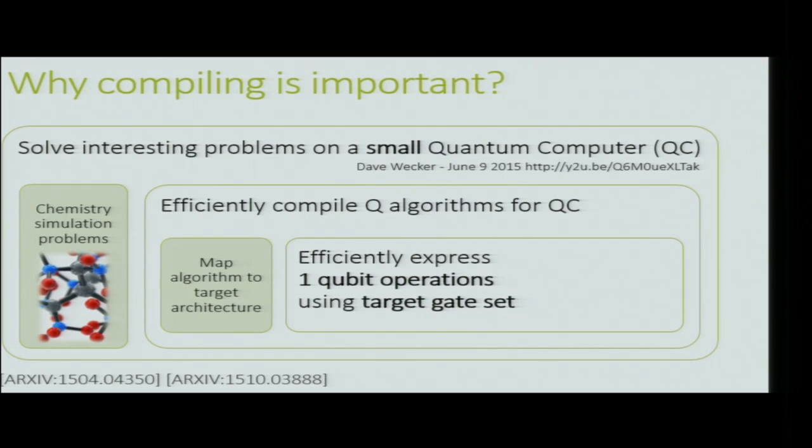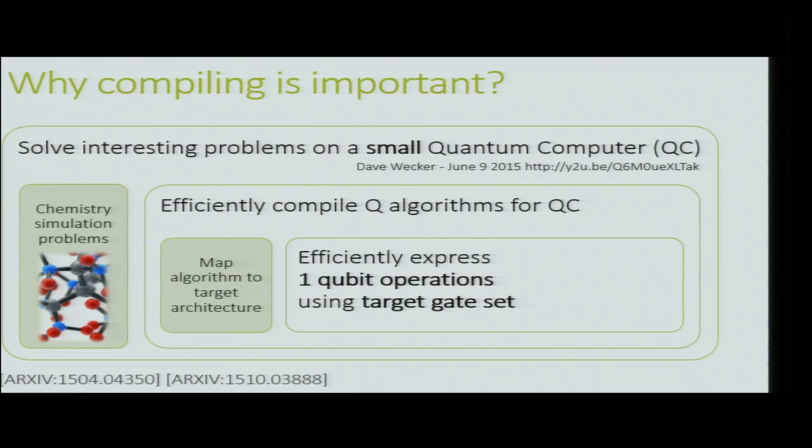Building a quantum computer is a big challenge, so we haven't built one yet, but we are interested in what we can use the very first generations of these machines for once we actually can build them. This is what we call a small quantum computer, something of the first generation.